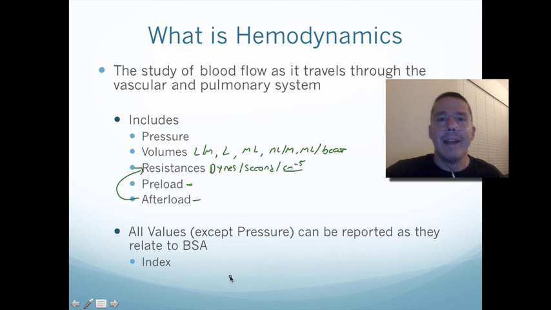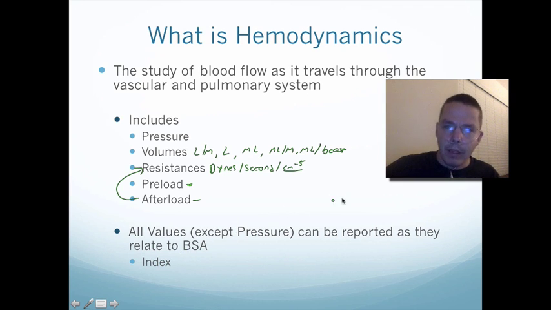Not to add a new level of confusion, but every value, with the exception of pressure, can be expressed not only in the value that you're given, i.e. a normal cardiac output, a normal vascular resistance, but we can also relate that to the patient's specific size, or the patient's body surface area. When we relate these things to the patient's body surface area, then that value is referred to as an index.